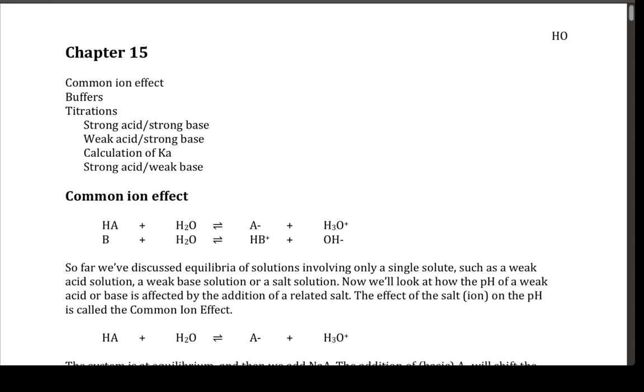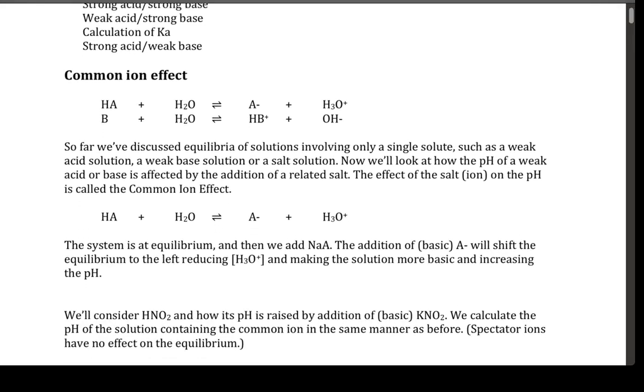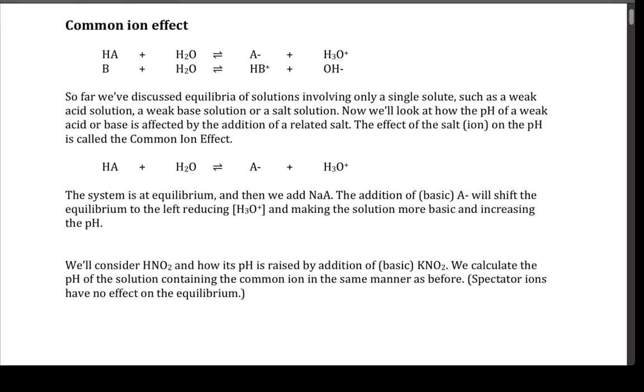The first area is common ion effect. Back in chapter 14, we looked at reactions where we took an acid, put it in water, and looked at the products, A- plus H3O plus. We worked with bases where we put them in water and found we have HB plus and OH minus.